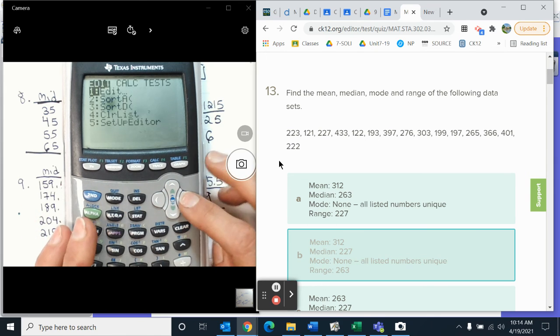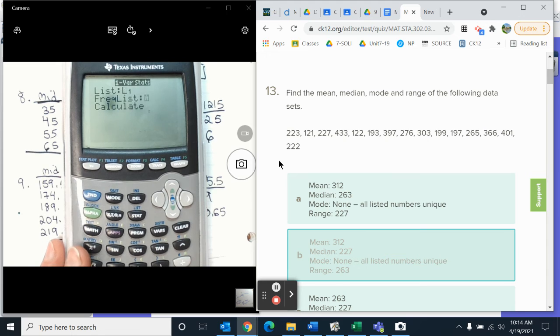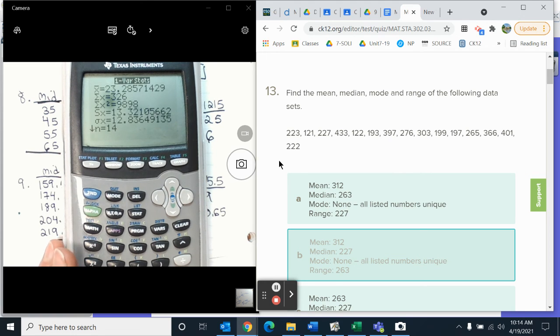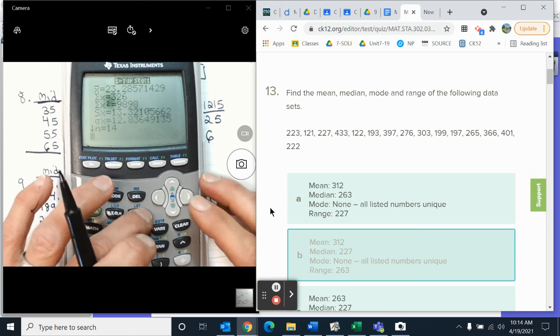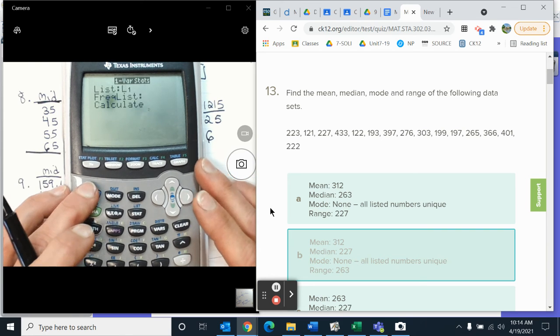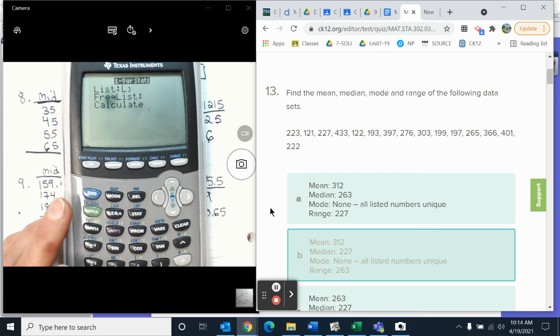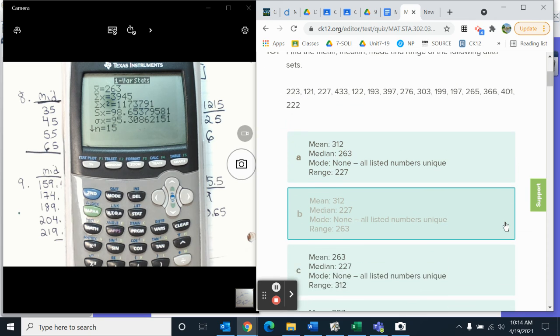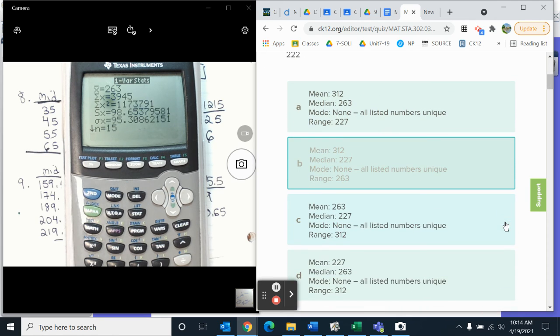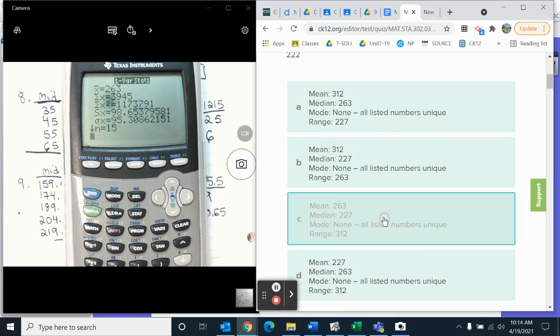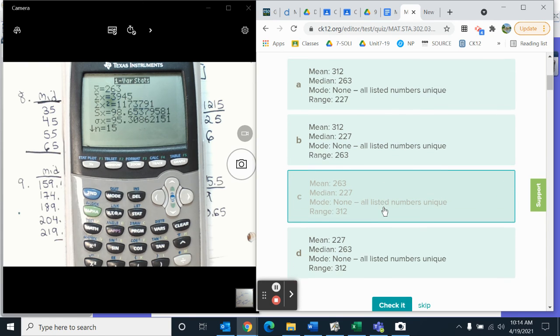Stat, calculate, enter. And we can see that, whoops, I forgot, I need to calculate my third list. That's where I just put the data in. 263 is the mean. So A and B is not an option. And we can see right here, 263 is the only option that has that mean.